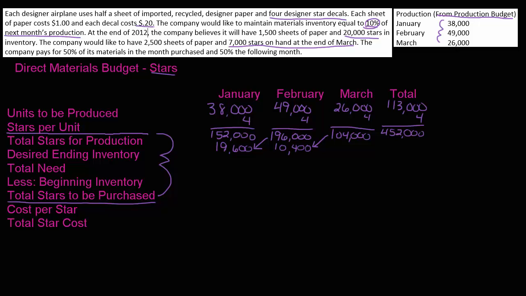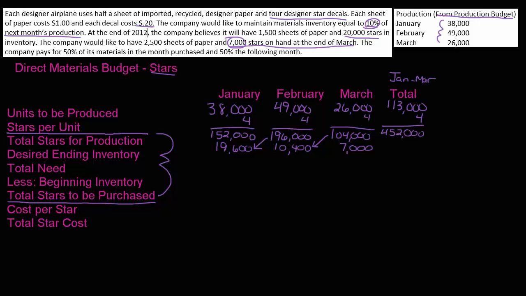And then for March, I can't do 10% of April because I don't have April. But in the problem, it says the company would like to have 7,000 stars on hand at the end of March. So 7,000. That comes from right up here, 7,000 stars. And then my total column: remember, this is January through March.